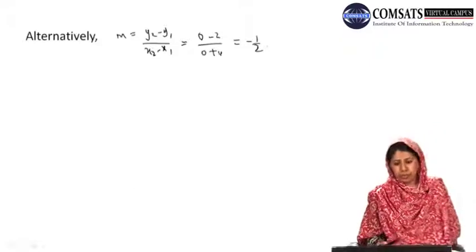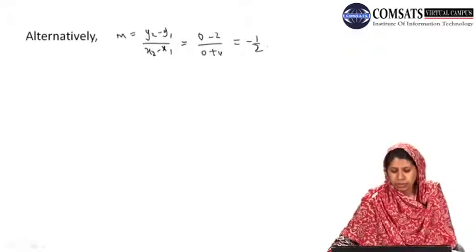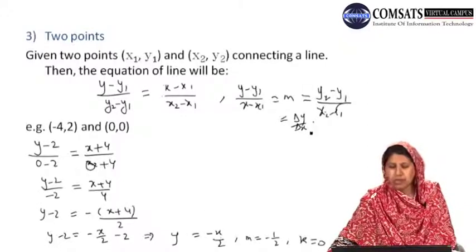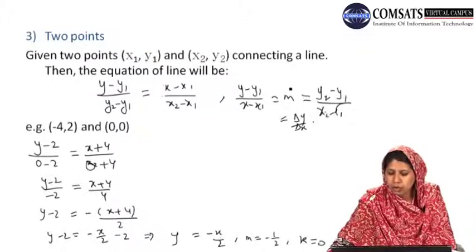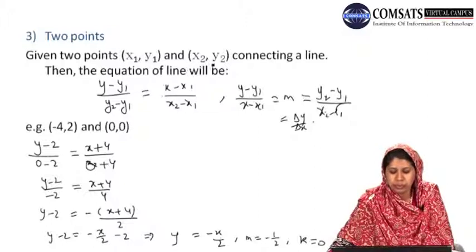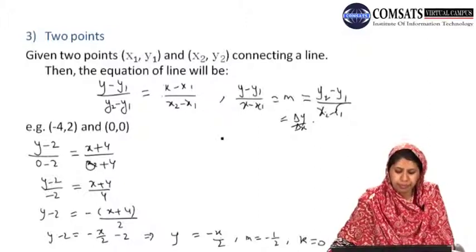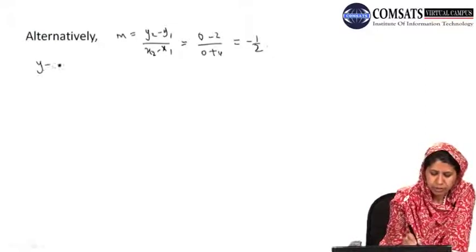Now alternatively what we are doing is, first we have found the slope m with the formula delta y over delta x, and then we will put this value of m in one point x1, y1 or x2, y2 in our one point form, which is basically y minus y1 is equals to m into x minus x1.